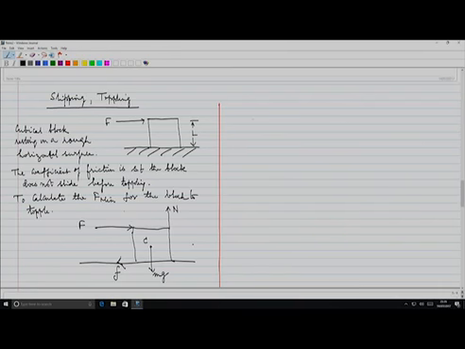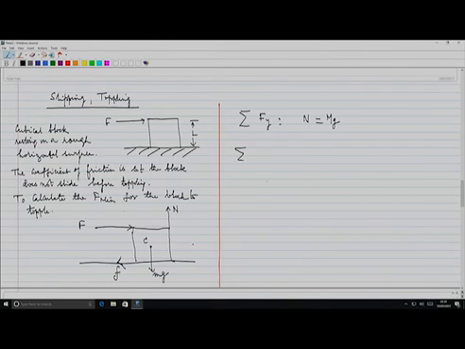Now sigma F, what are we going to do? The sum of all the forces along the y direction: there is normal reaction acting upwards and mg acting downwards. These two balance, or N minus mg equals 0.